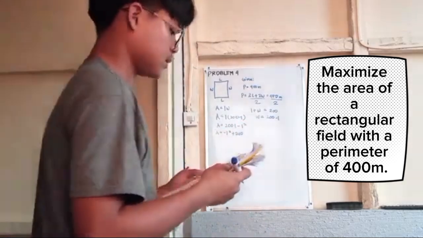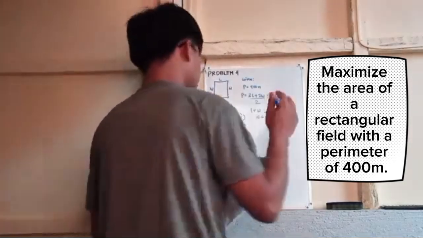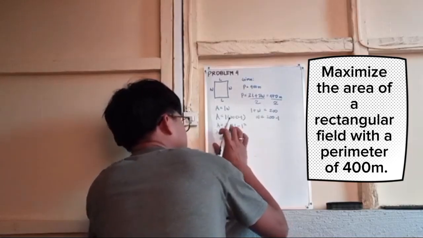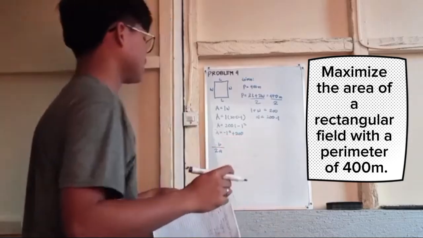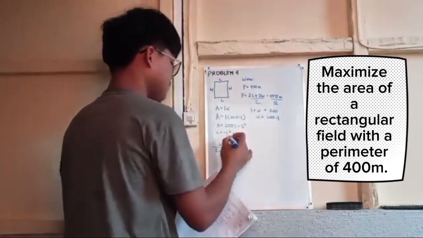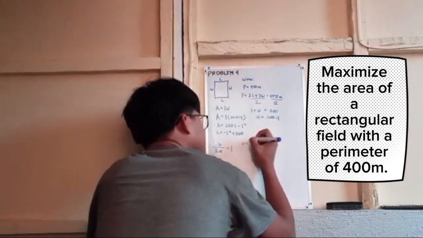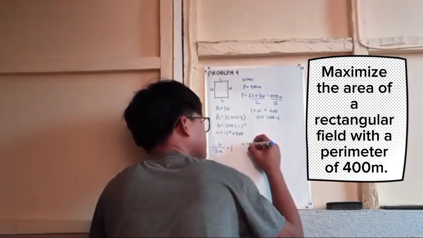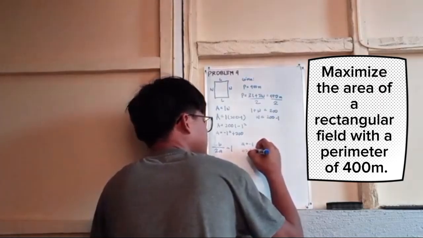Then we will use the formula of getting the vertex, which is negative B over 2A, so that we can get the value of L. So here, A in the formula of area is equal to negative 1 and B is equal to positive 200.